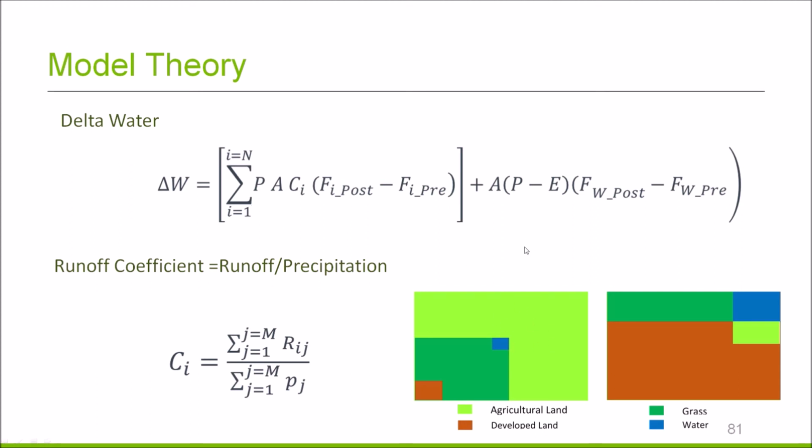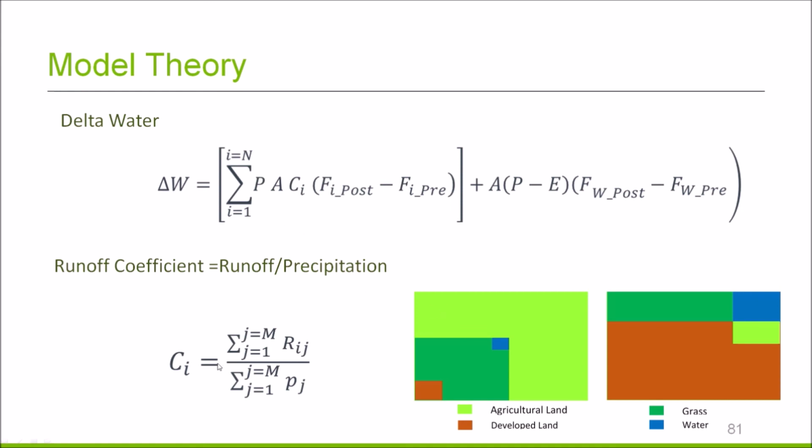But at the same time, you also have to consider that evaporation from a water body is much higher than evapotranspiration from land. So we also have to estimate the lake evaporation for that area, and because in Alberta most of the time the precipitation is much less than the lake evaporation, you may end up with a negative number here, and you also need to consider how much the water area is changing. But this formula will give you the delta water.